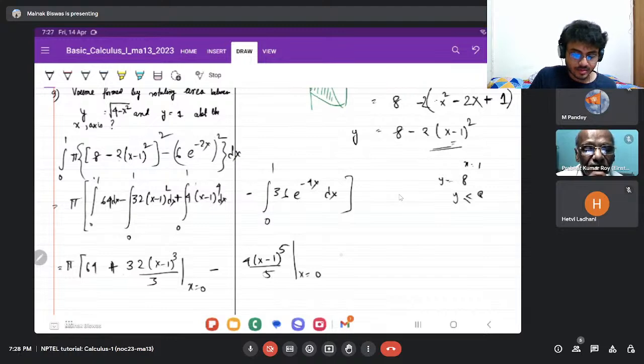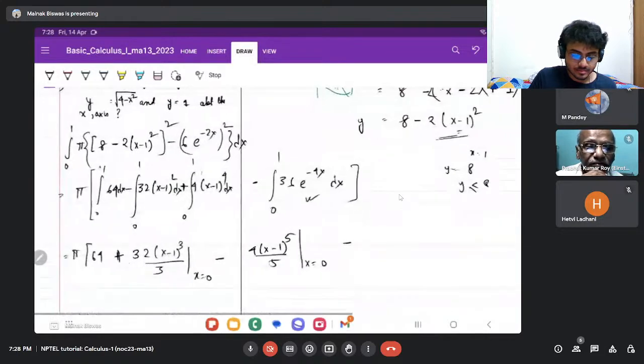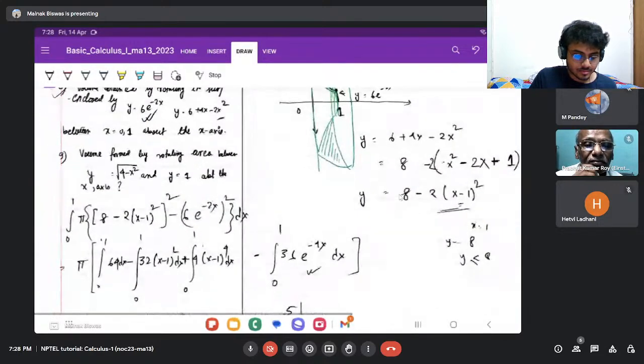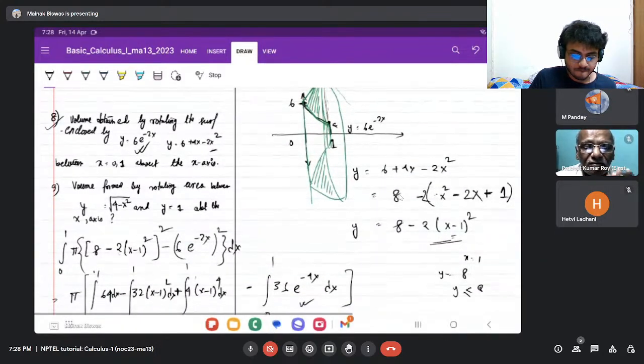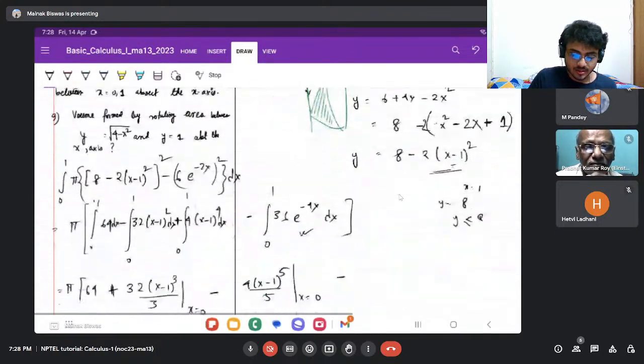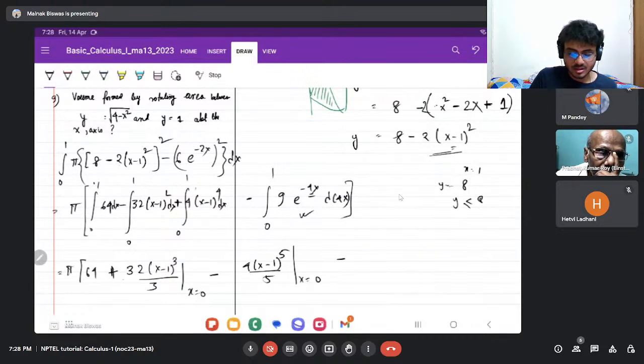this one will become 36 e to the power minus 4x. So you will have the integral over this. So if I make 4x, I'll be left with 9 here, and this will become a positive.